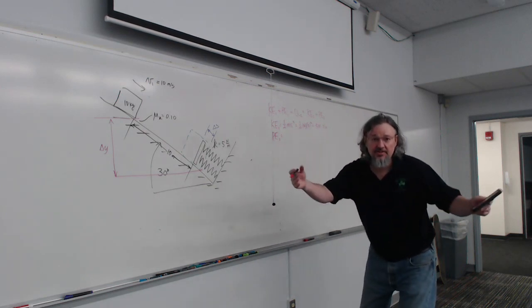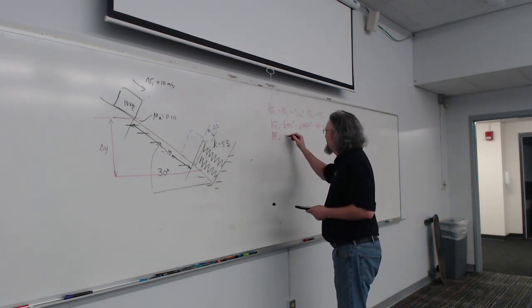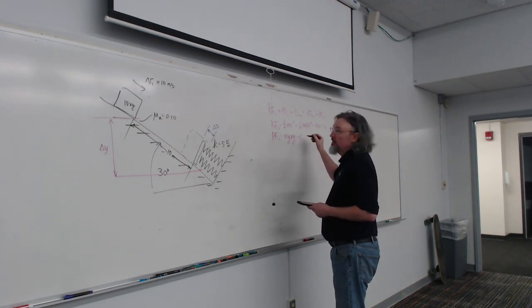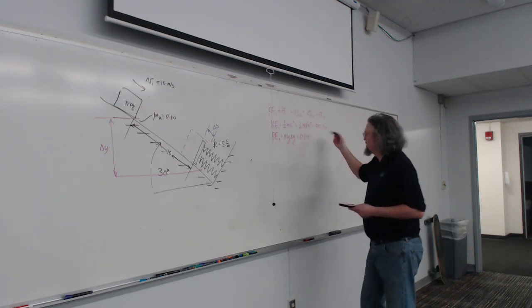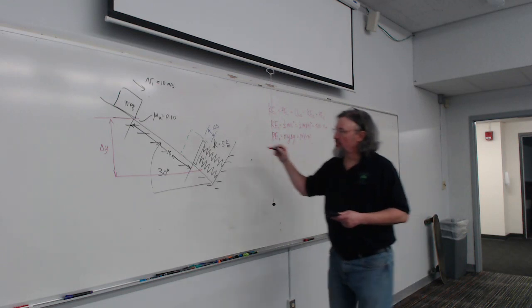Sorry, liberal arts majors. So we have mg delta y, so that's going to be 10 times 9.81, and then the delta y we'll write over here.